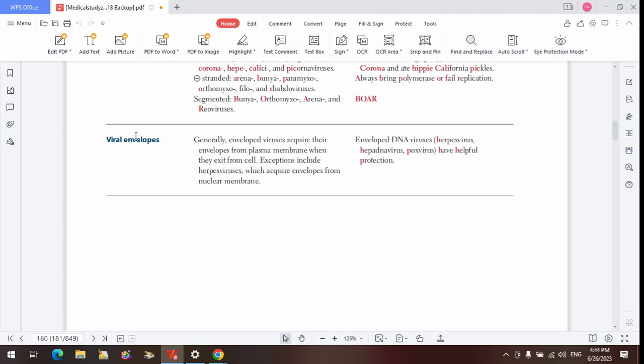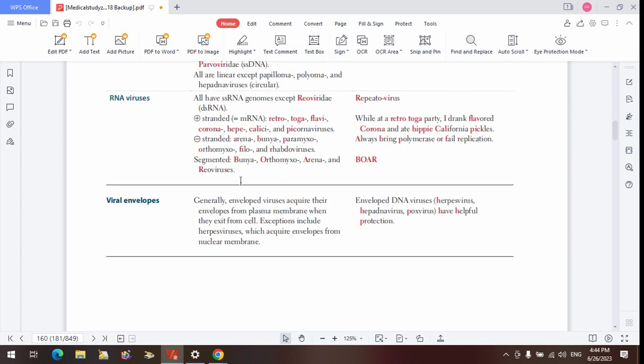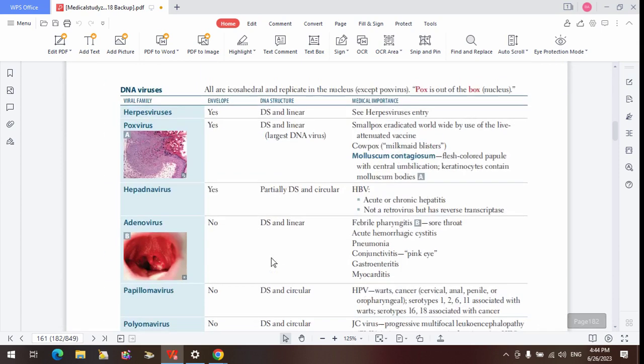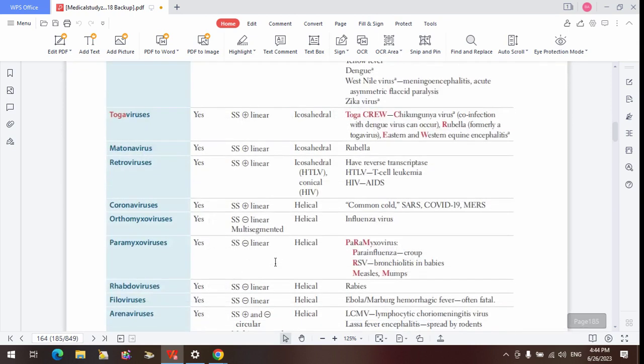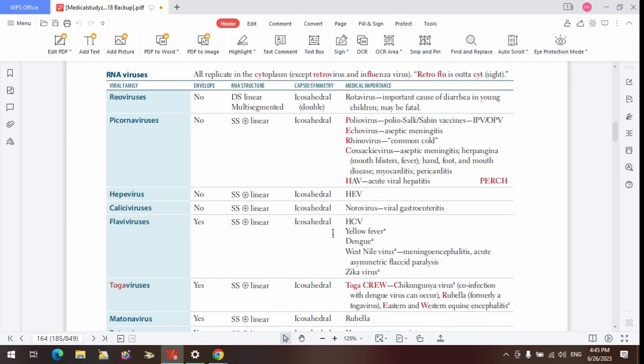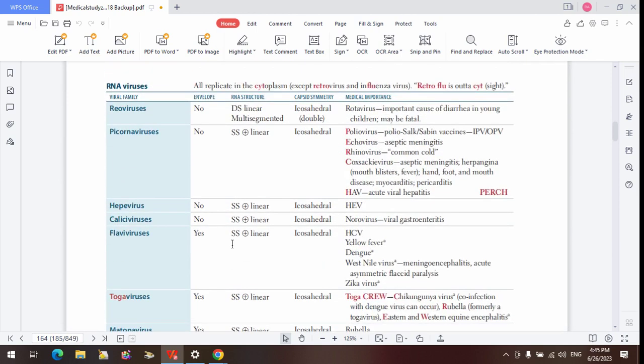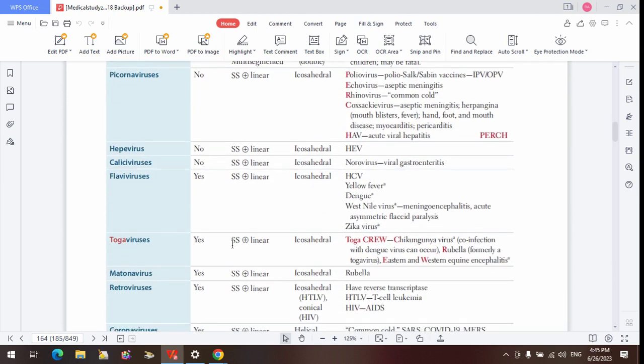Now, one thing I just want to mention about the viral envelope is that almost all the RNA viruses are enveloped except about four. And the code I use for that is PEG. So let's go to those guys, the RNA viruses that are non-enveloped.